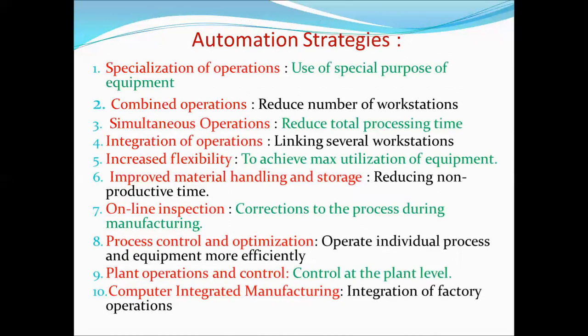Then there are 10 automation strategies by which we find out how to implement and apply automation systems. If automation seems a feasible solution for improving productivity, quality, or other measures of performance, then the following 10 strategies provide a clear roadmap to search for these improvements.